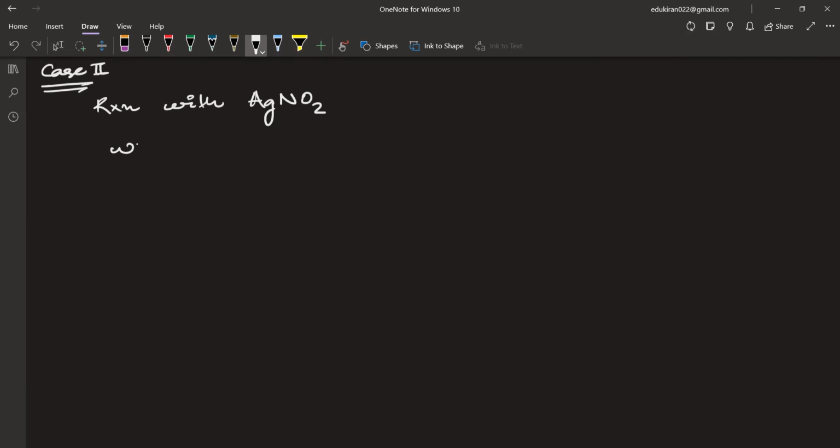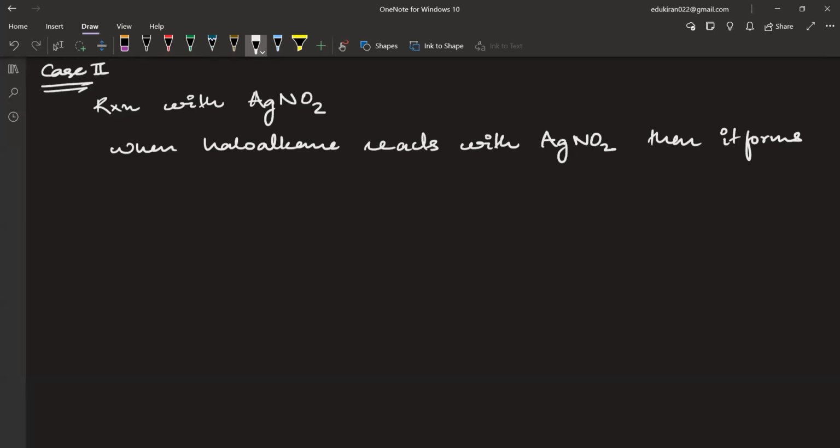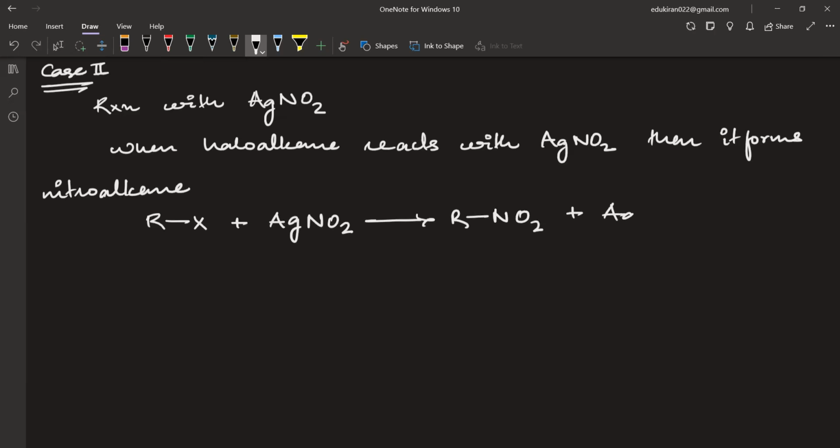You will write: when haloalkane reacts with AgNO2, it forms nitroalkane. RX plus AgNO2 will give you R bonded to nitrogen, RNO2, plus AgX.